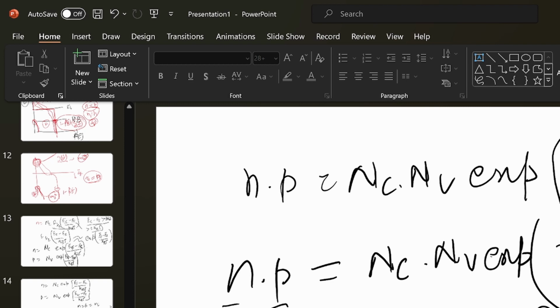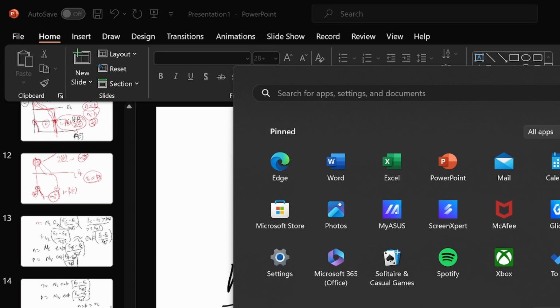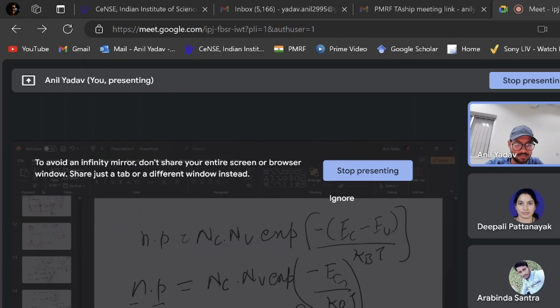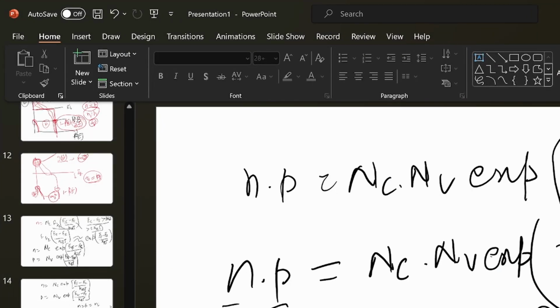From the band gap itself you can calculate the intrinsic carrier concentration. ni is nothing but the square root of NcNv and exponential of minus Eg divided by 2kBT.